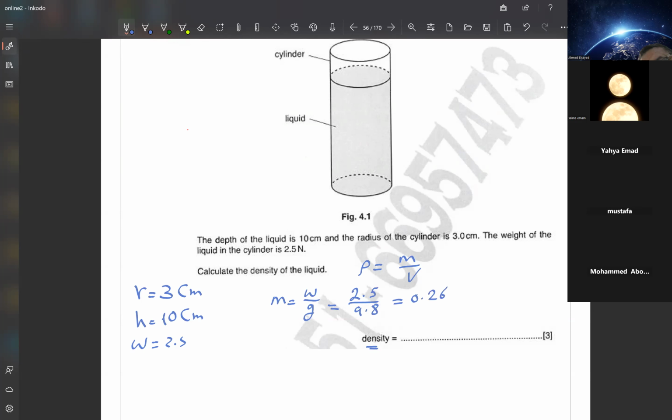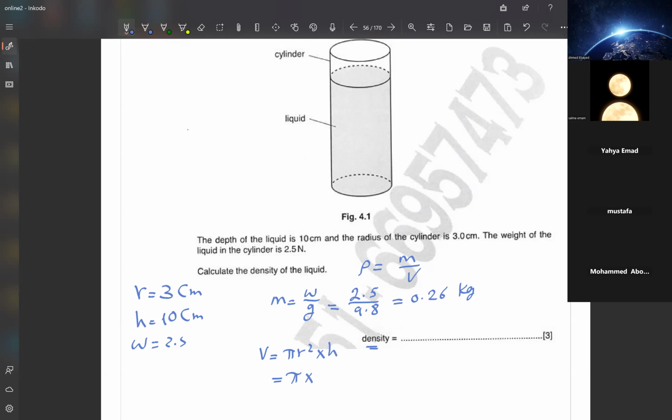And then you calculate the volume of the cylinder, which is pi r squared times the height. But I think you have to calculate the density of the liquid, so you multiply by the height of the liquid. So pi r squared, which is 3 squared times 10.